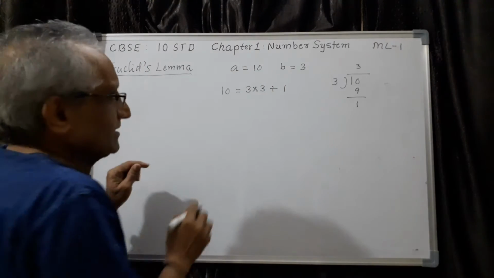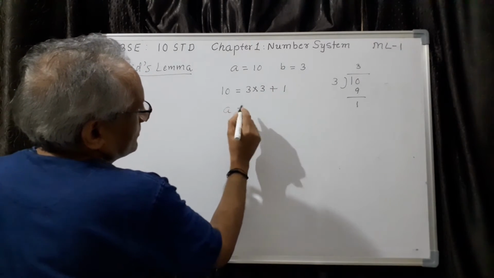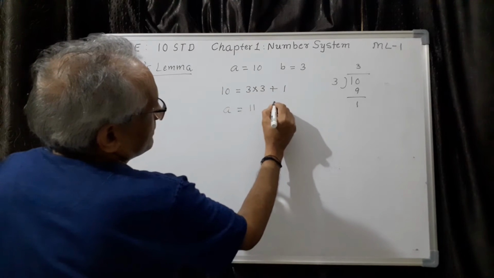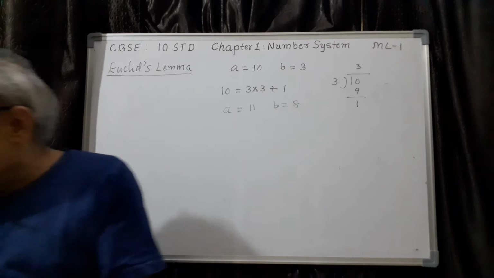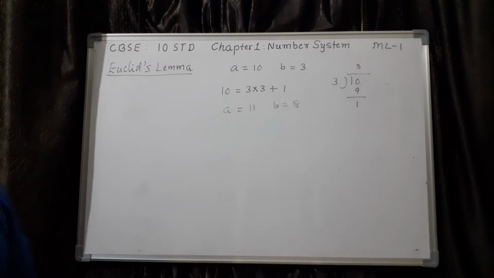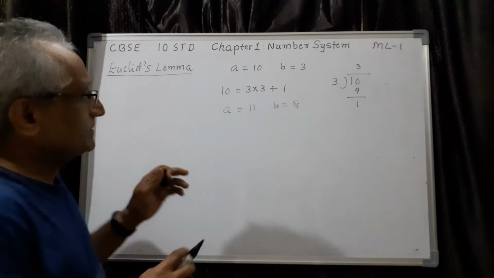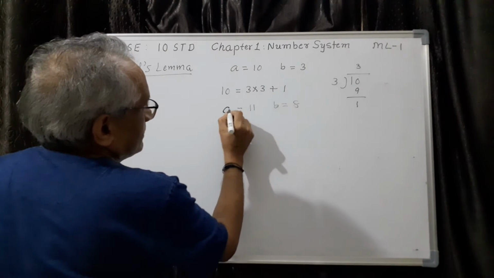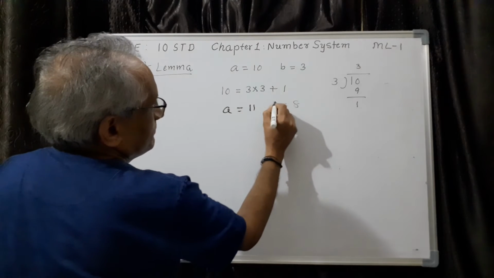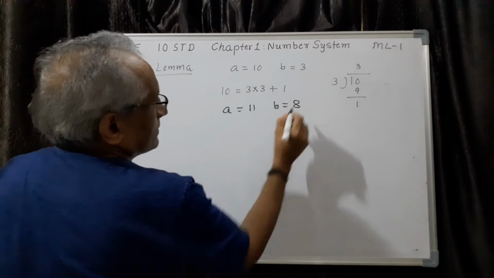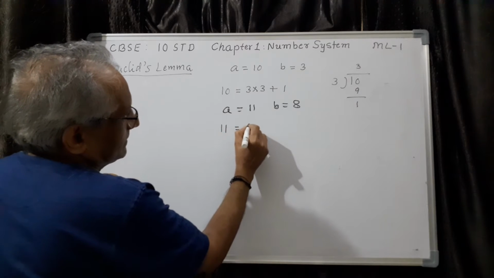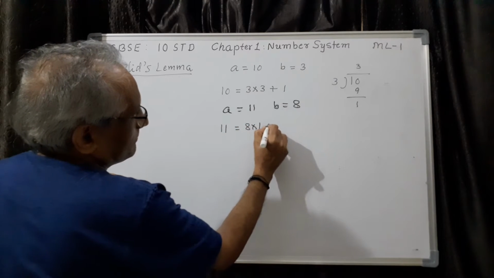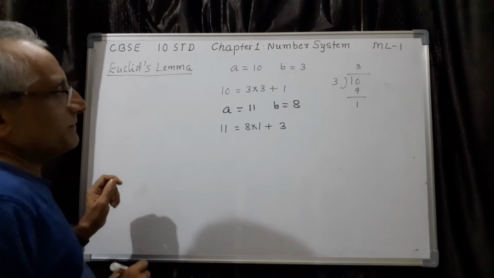Now let me take a few more examples. Let us take a equal to 11 and b equal to 8. I can take any two positive numbers. Now here it is very simple: 11 can be written as 8 into 1 plus 3.